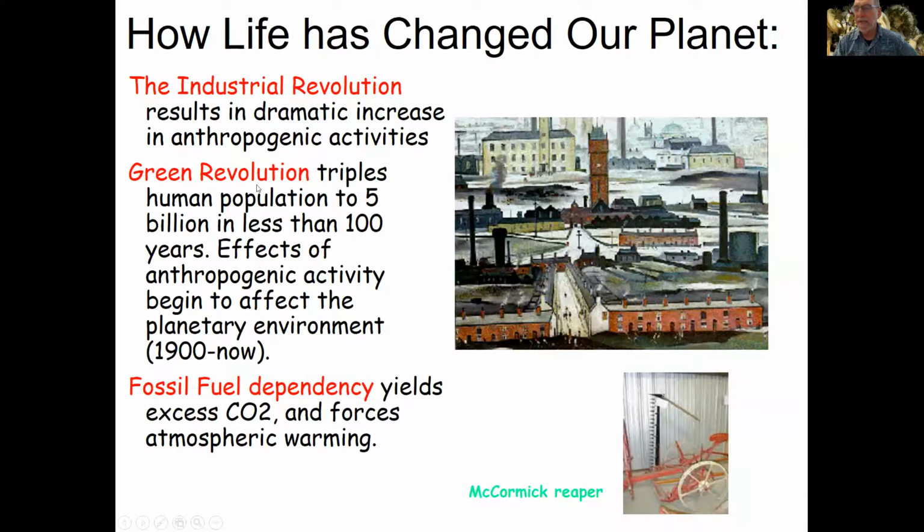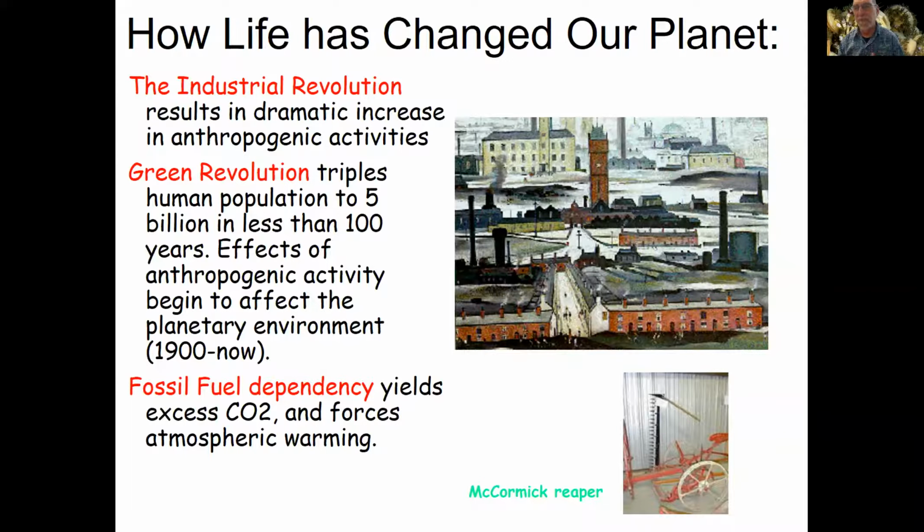Other factors in the development of human impact on the ocean are the development of agriculture. Human populations were limited at various times in human history by the availability of foodstuff. And so the invention of agriculture as an alternative to hunting and gathering allowed the human population to increase in size.